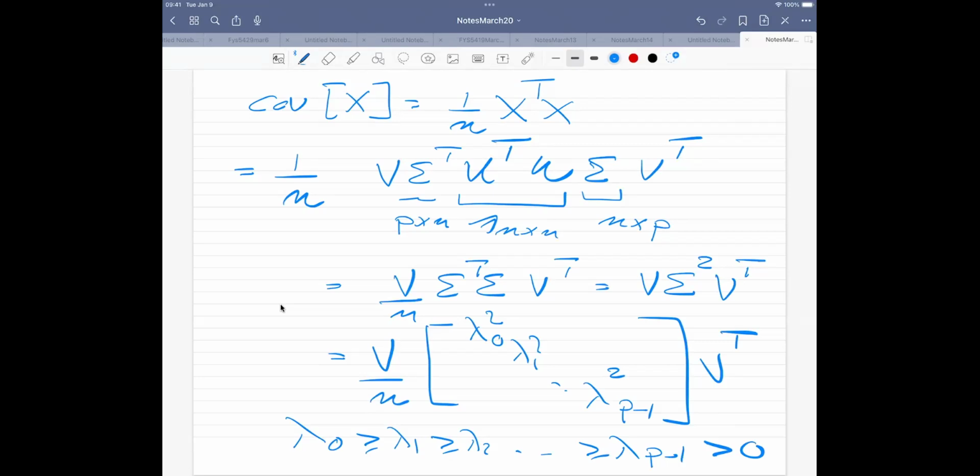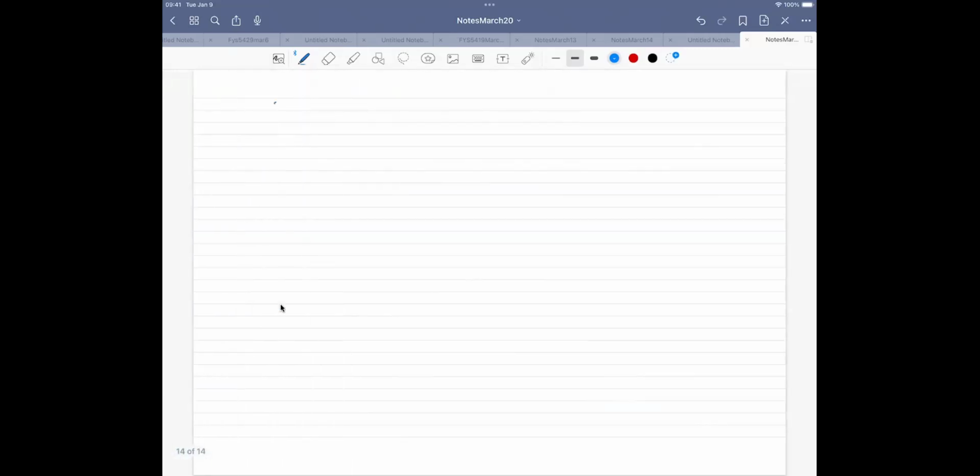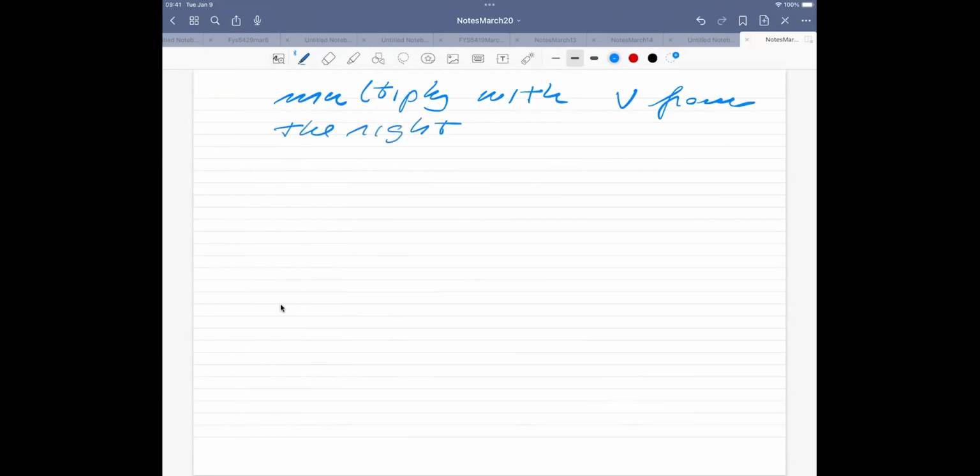Now, in our case, these singular values are going to be the variances. So these quantities are going to be sigma, because you will see now, if you look at this problem, what we have, if I multiply with V from the right, so we have the covariance matrix.